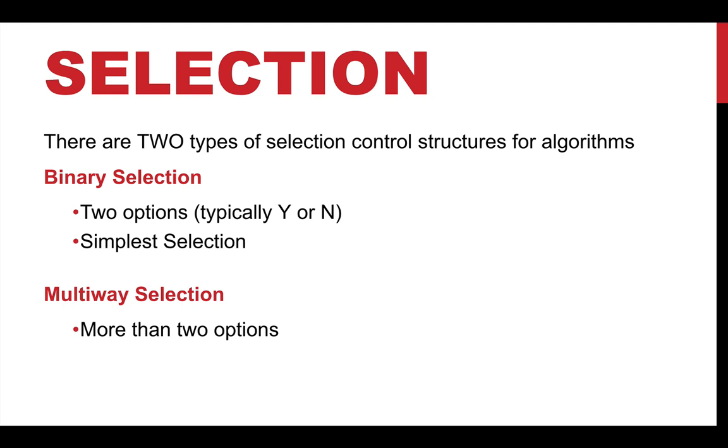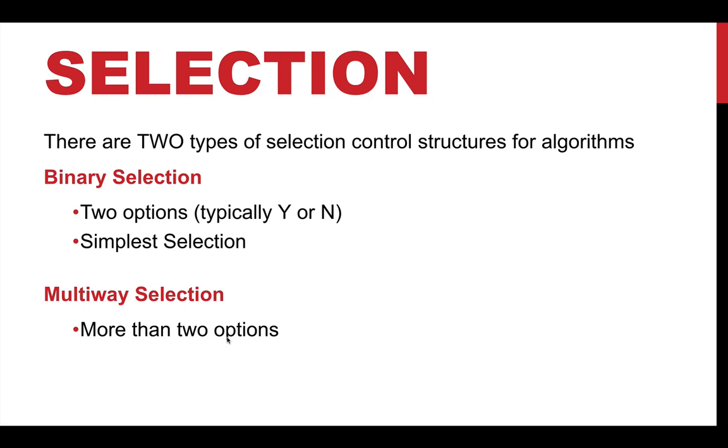The selection control structure will control logic and will present pathways. That might be 2, that might be multiple, and the logic will flow, depending on a number of conditions, through one of those pathways. The selection control structures involve binary selection, when there are 2 options and it's the simplest, or multi-way selection, when there are more than 2 options.